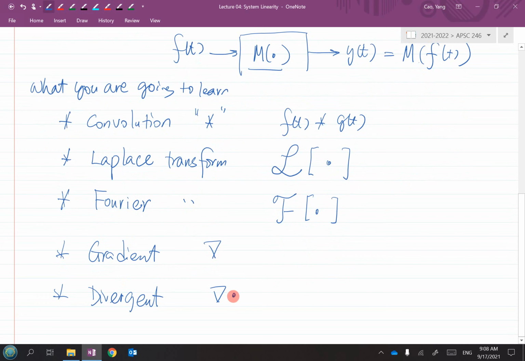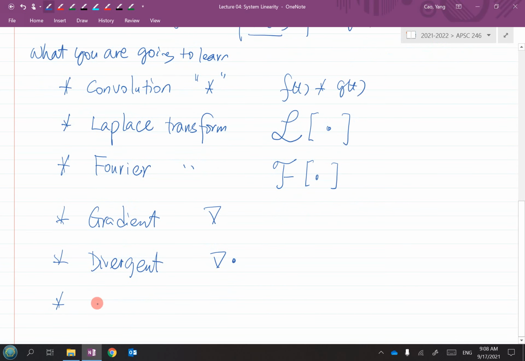It's an inverted triangle followed by a solid dot, basically a dot product. That's another operator. And one more to give you here is the curl operator. This inverted triangle is called del, so del cross, which is a cross product. So all of these are examples of operators from this class and the other classes, of course.